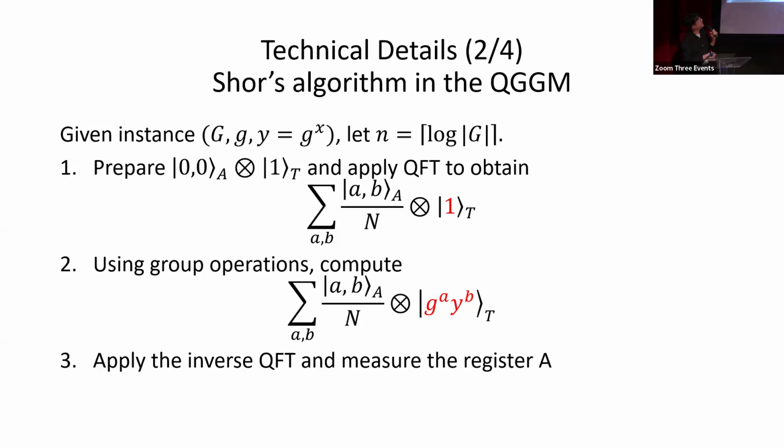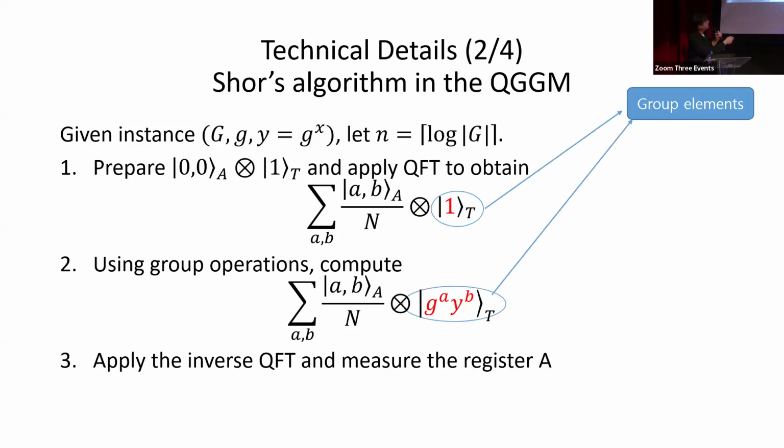Okay, for checking the notation, we will review Shor's algorithm in the quantum generic group model. It's pretty simple if we write it like this. We first apply the quantum Fourier transformation, apply many group operations, apply the inverse, and measure. That's it.